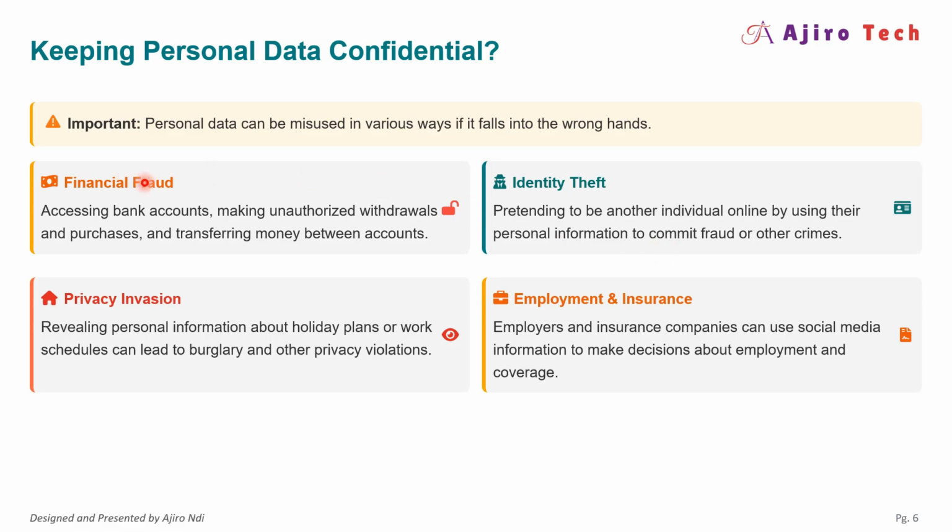We talked about financial fraud, where they use it to make and withdraw large amounts of money, making purchases. That's why we need to keep personal data confidential, because it can be misused in various ways.